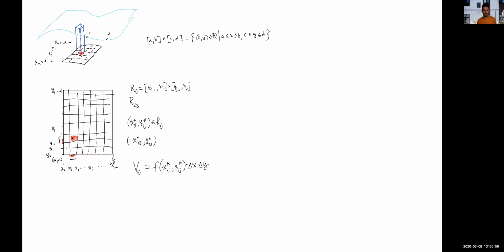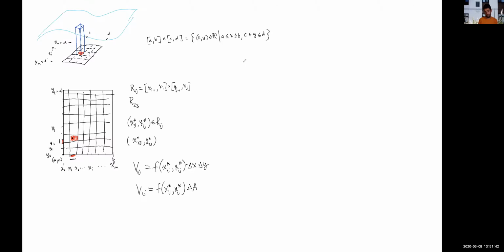Again, in general, it doesn't matter if you keep these intervals the same width as you go on, as long as they're all shrinking eventually. But it's easiest if we just divide them up evenly for most of the kinds of integrals we do, okay? Well, we usually shorthand delta x, delta y as delta A, the little piece of area on the bottom, times the height. So that gives us the volume of a particular rectangular solid.